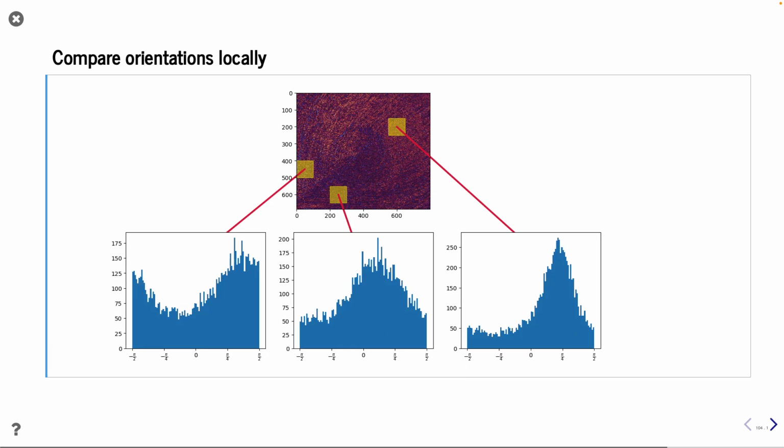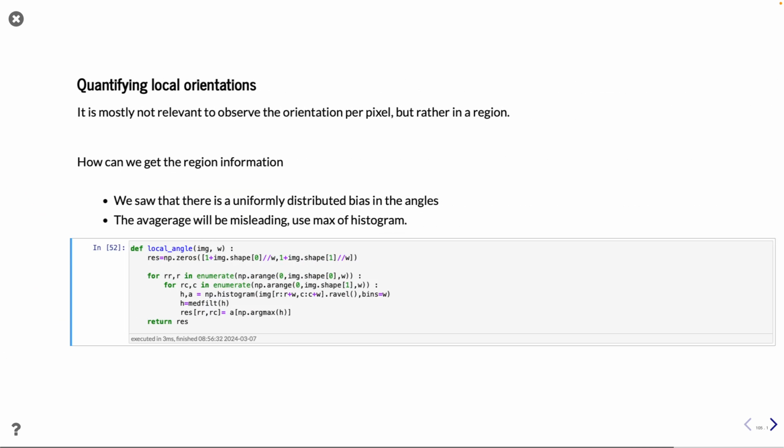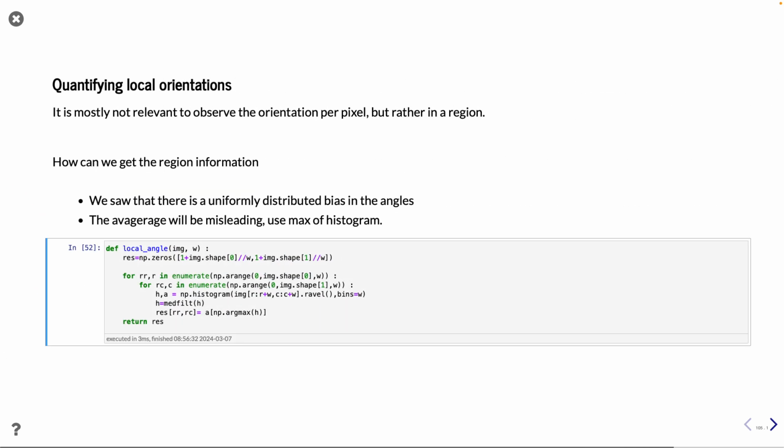Now, we can use this also to compare locally. So we take patches, and we can see that this patch apparently has something around here. That patch has moved a little bit. That patch is clearly in the 45-degree direction, and that we can use to quantify our local orientations in the image.